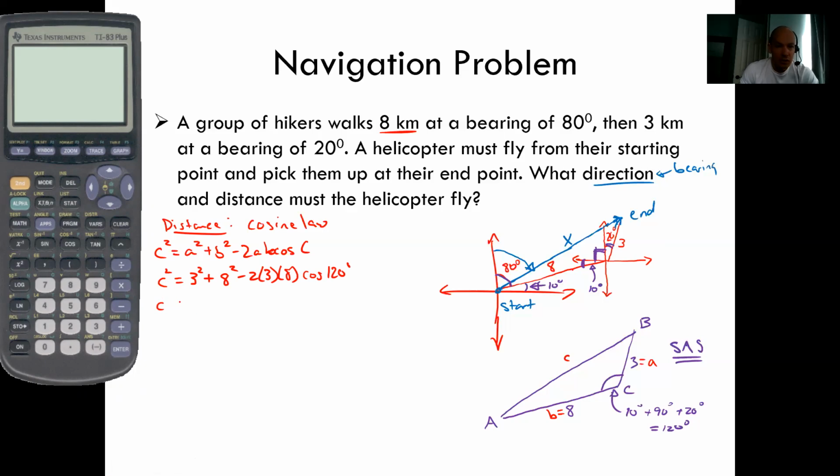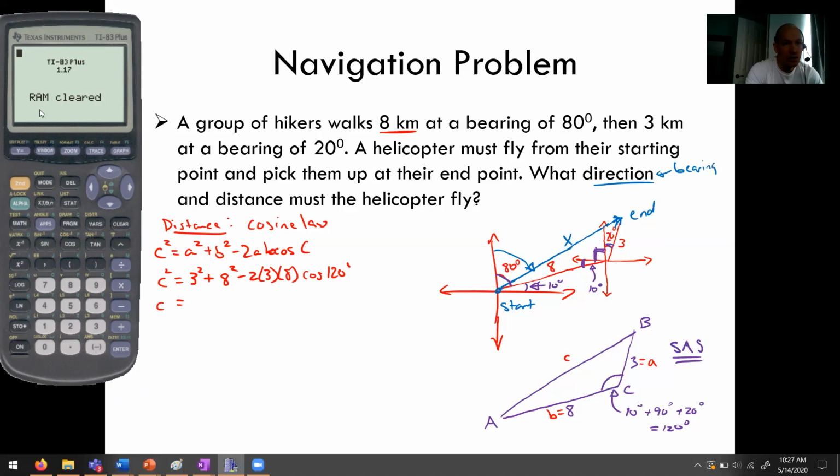So we get our calculator, and then we turn it on. We make sure our mode is in degree, so we go over here to degree mode, and now we'll just go 3 squared plus 8 squared minus 2 times 3 times 8 times cosine of 120.